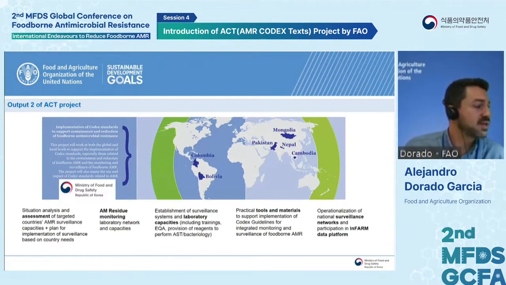We also have activities for strengthening AMR residue monitoring capacities, and activities for strengthening laboratory capacities, including trainings, external quality assurance, etc. Then I'm going to focus especially in this presentation on the development of practical tools and materials, how this project is going to support these, and also how this project is going to support the operationalization of national surveillance networks through participation in this global initiative, the InFARM data platform.